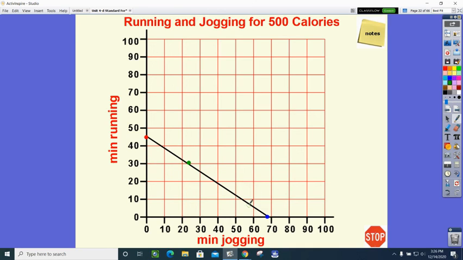This one right here, boom. If you jog 58-ish minutes, you're going to have to run about 9 minutes or 8 minutes to get the 500 calories. So every single point on here would be a solution to that equation. Not points out here and not points in here, but anybody on the line is a combination of minutes jogging and minutes running that will add up to 500 calories.